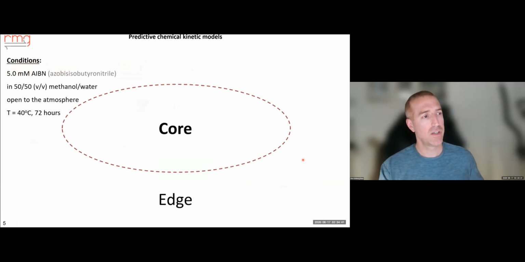In this animation, I'm giving RMG an initial compound, AIBN. That's the actual IUPAC name. I'm giving it a concentration. RMG is great for gas phase. It also works very well for liquid phase reactions. So this is a liquid phase reaction. We have 50-50 by volume methanol water solvent. We are open to the atmosphere, so that means oxygen, nitrogen can diffuse in.